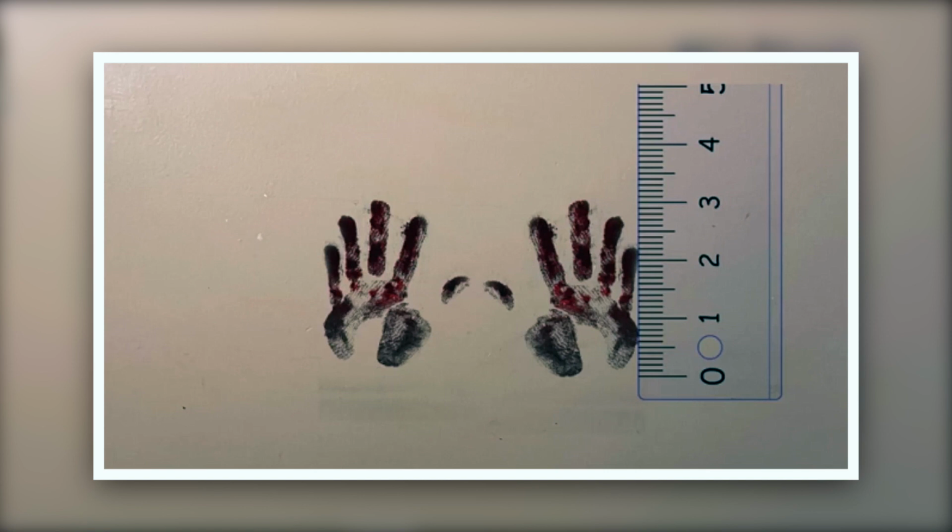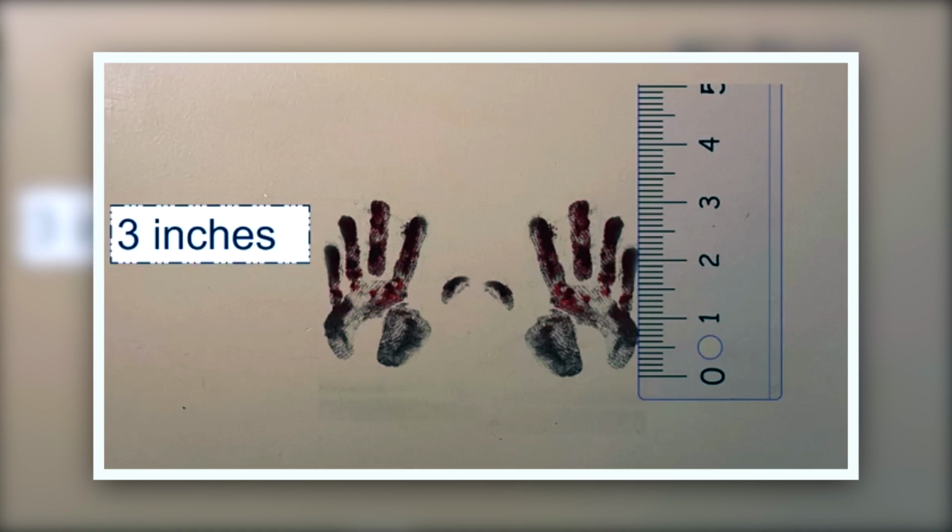What is the length of the handprints on the wall? When I look at the ruler, I know that the handprints on the wall are 3 inches. So I'm looking for a child that has a handprint that measures 3 inches.